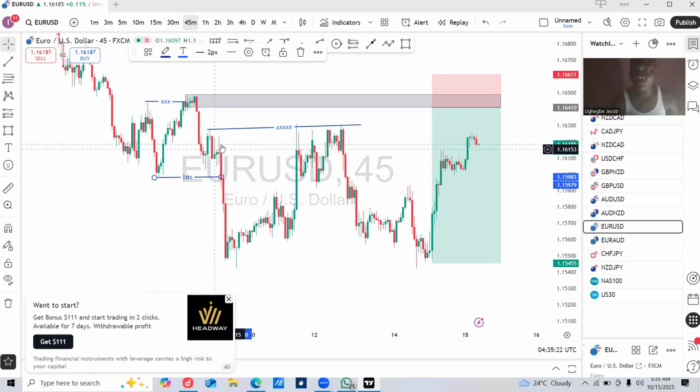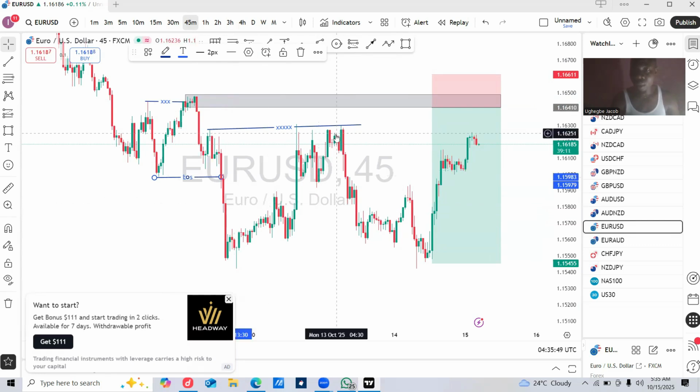First of all, the market went up to this area here, tapped this fair value gap, and then down to this level. But the market has not mitigated our candle, which is this last candle that broke this low here.